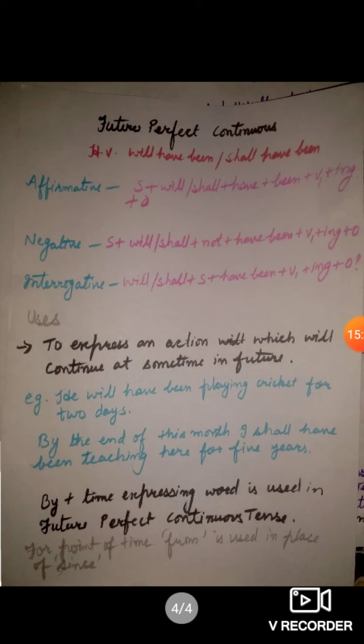The first use of future perfect continuous tense is to express an action which will continue at some time in the future. For example, he will have been playing cricket for 2 hours. Next example is, by the end of this month, I shall have been teaching here for 5 years. In this tense, students, by plus a time expressing word is used.